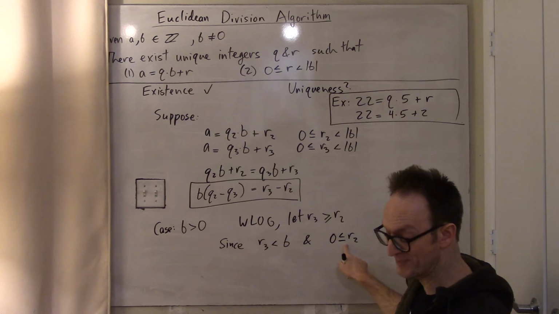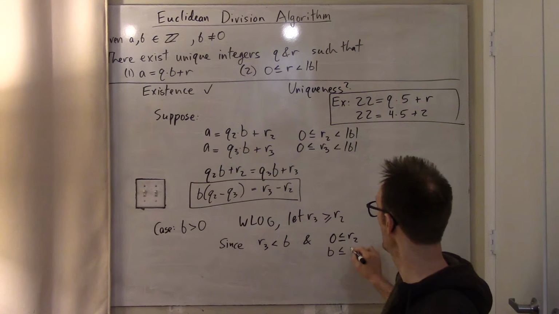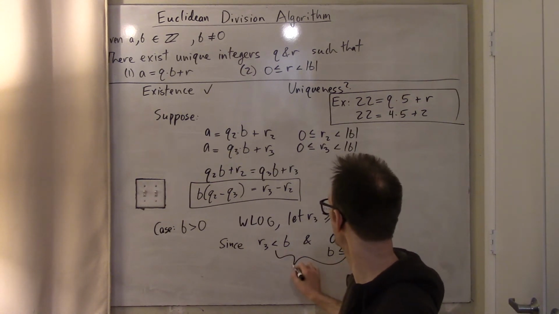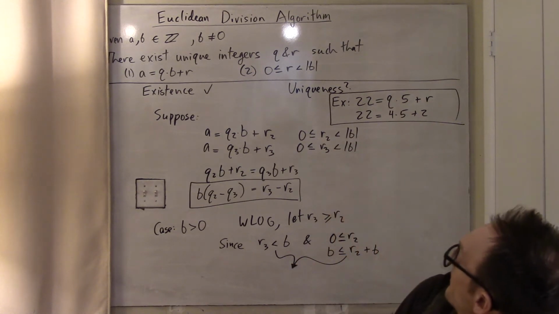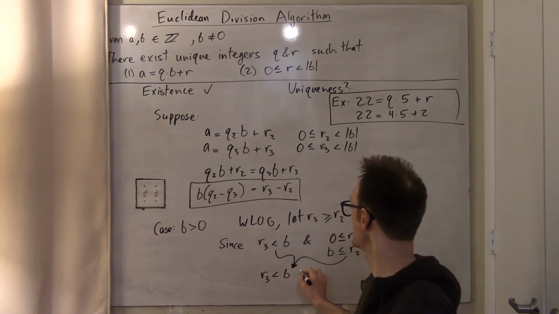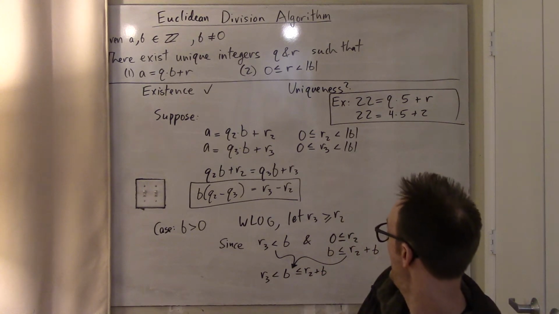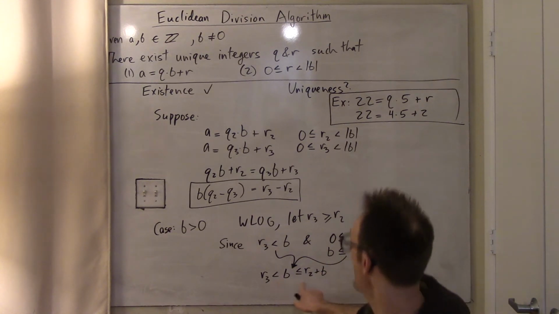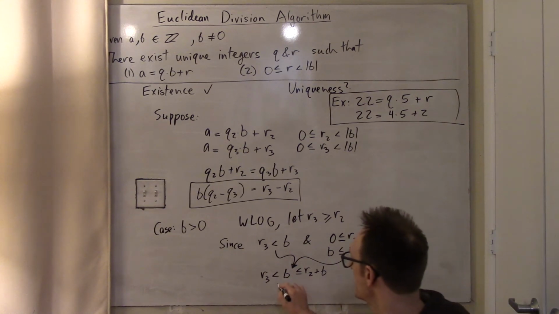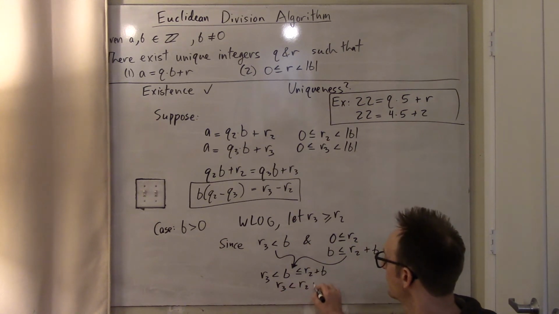So now I'm going to add B to both sides of this, which gives me B is less than or equal to R2 plus B. Now I'm going to take these two facts and stick them together: R3 is less than B, which is in turn less than or equal to R2 plus B. And what have I accomplished? By transitivity, if R3 is less than B, which is less than or equal to R2 plus B, then I have that R3 is less than R2 plus B.